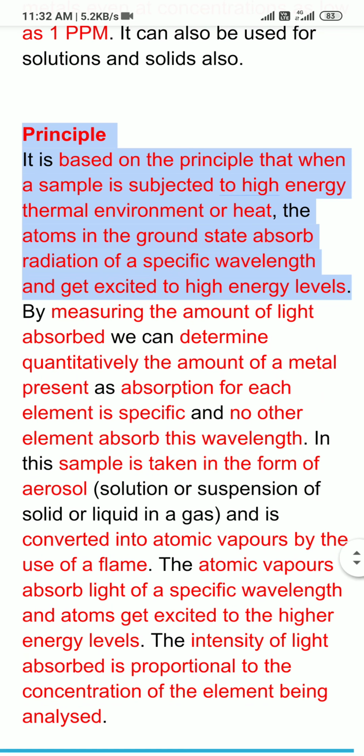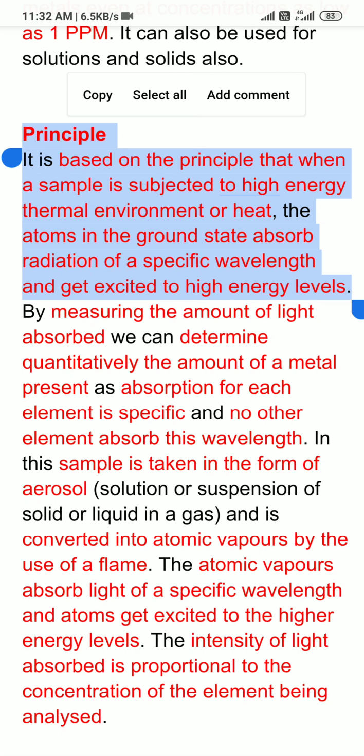What is the principle? That when a sample is subjected to heat, the atoms of the sample get excited from the ground state to the higher energy states by absorbing heat radiations.